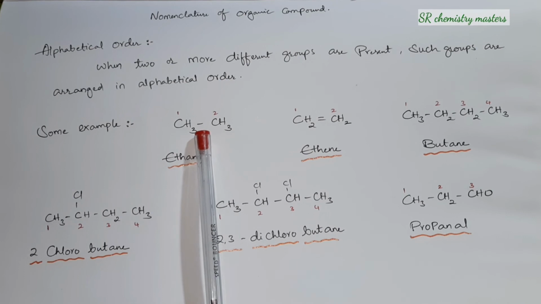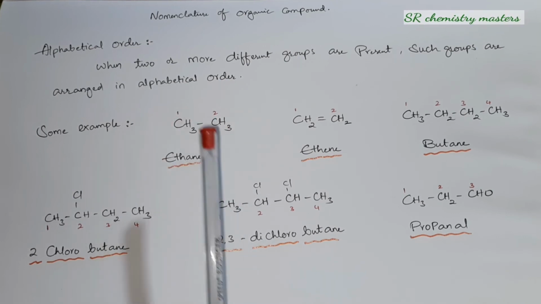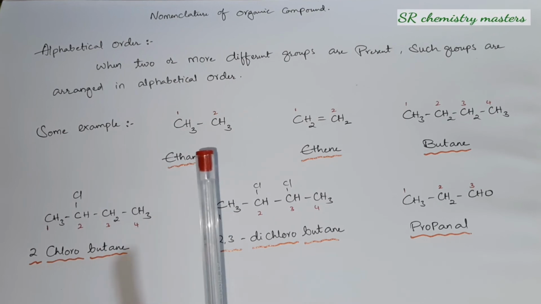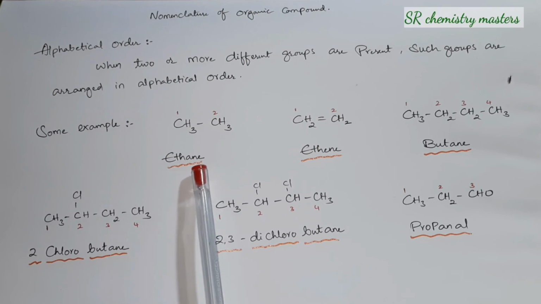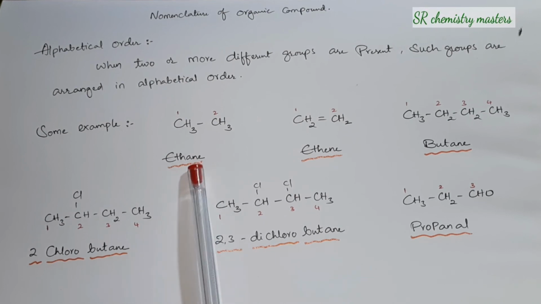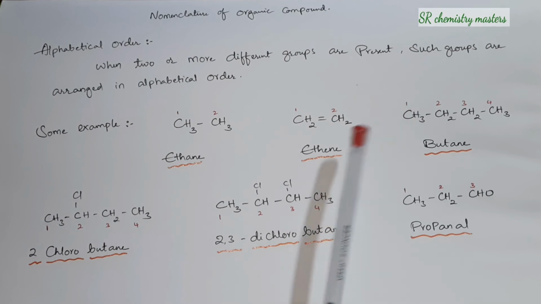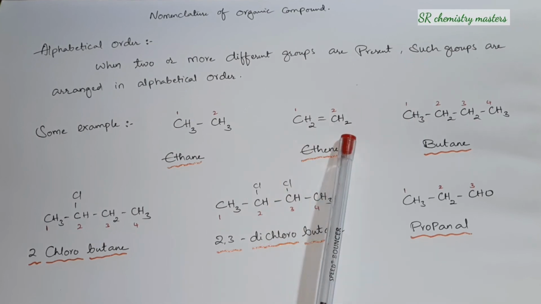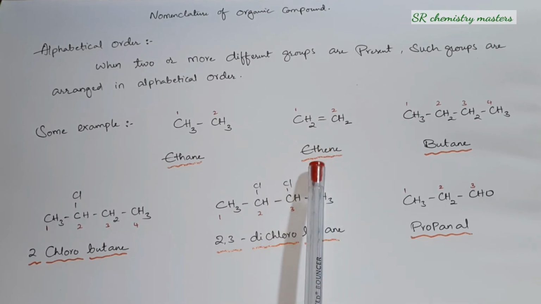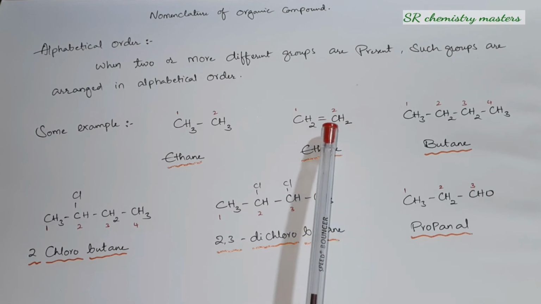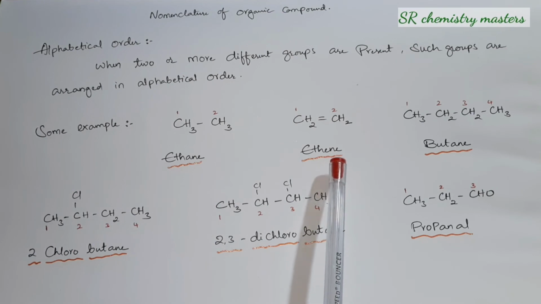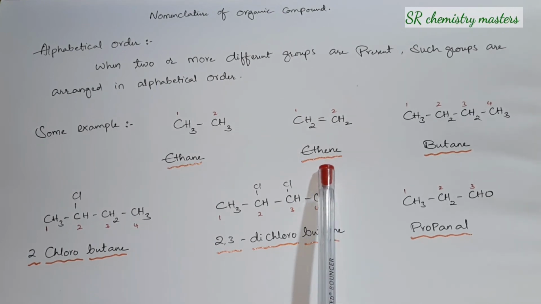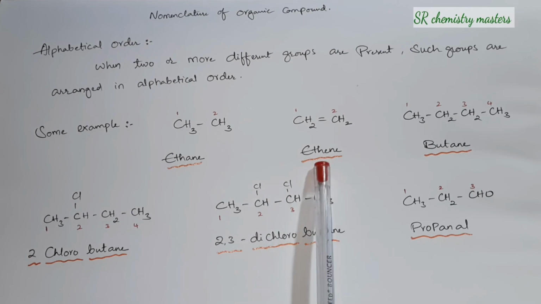And if you see closely, you have only single bonds present in the molecule, so the saturation is alkane and the suffix to be attached here is ane. If you see the next example, we have again 2 carbons. The word root will be eth, and as there is a double bond between the 2 carbon atoms, we are going to consider it as ene. So the name of the compound will be ethene.